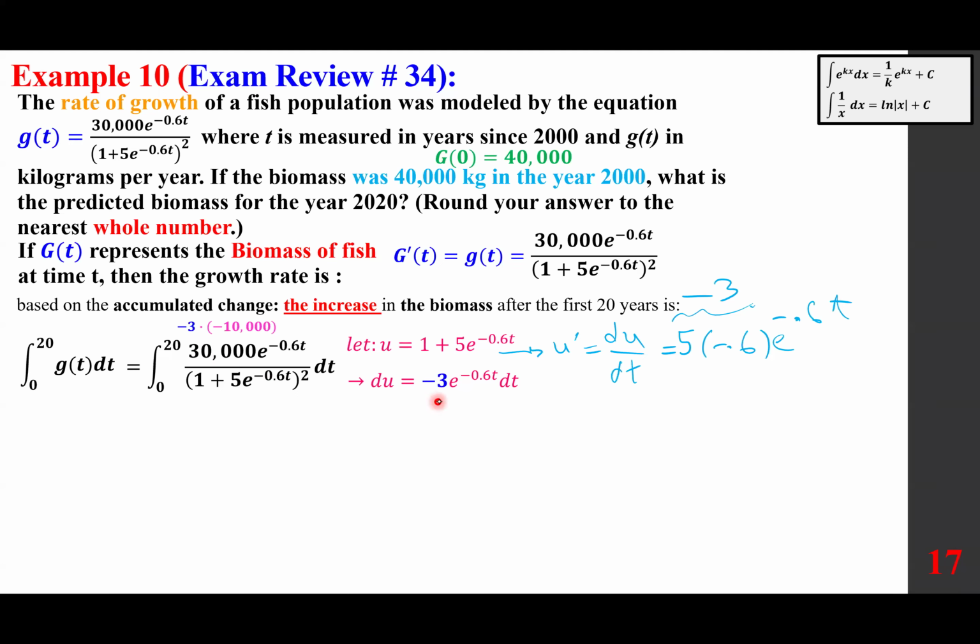It's divisible by it, and it's the product of negative 3 that we keep and negative 10,000 that we take outside. Why do we do that? Because we want it to be clear that this one is negative 10,000, but this is du. The numerator is du. The denominator is u squared.